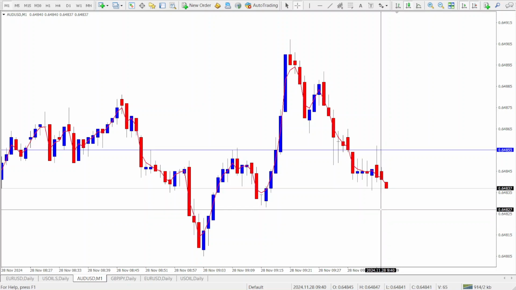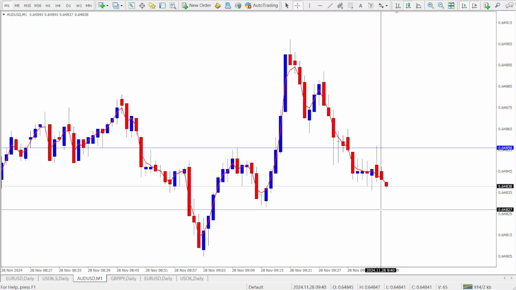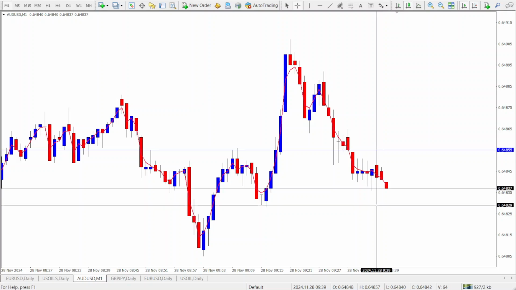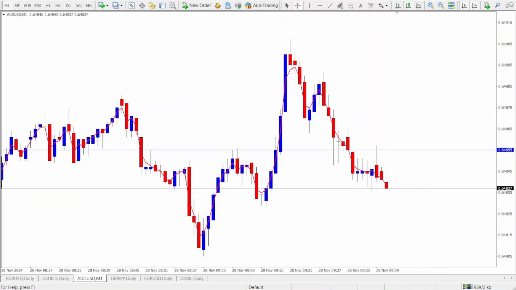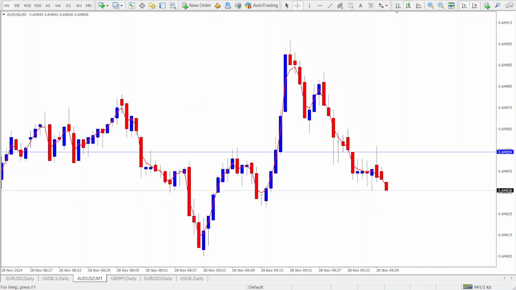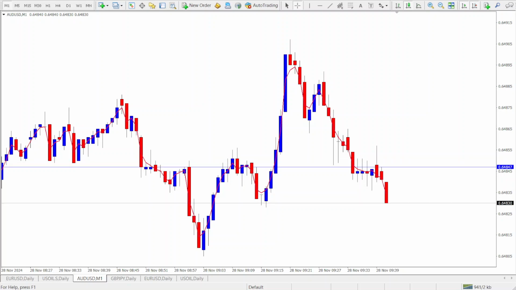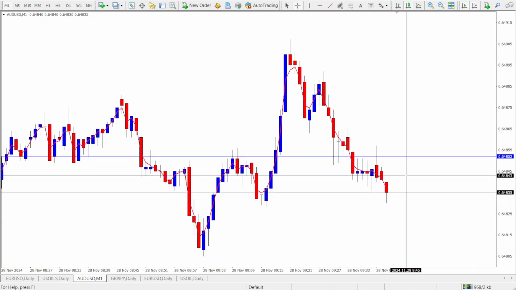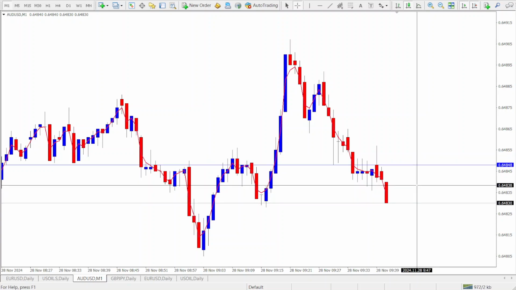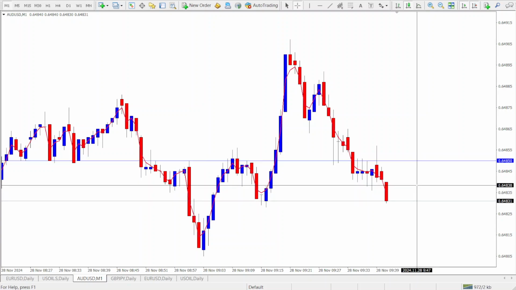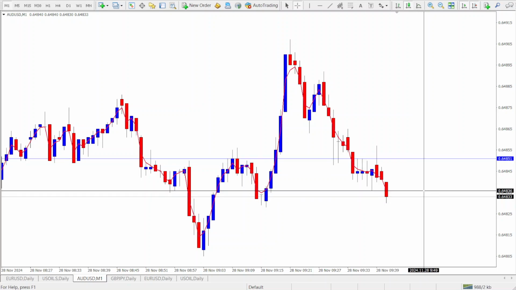The close price here we have 0.64841 and the other 0.64842. So if we are going to find the average manually, that means we have to add those 2 prices and divide by 2, and there you have the average.